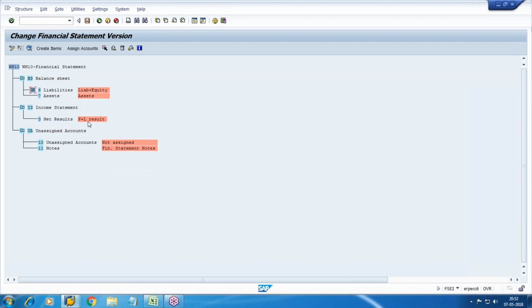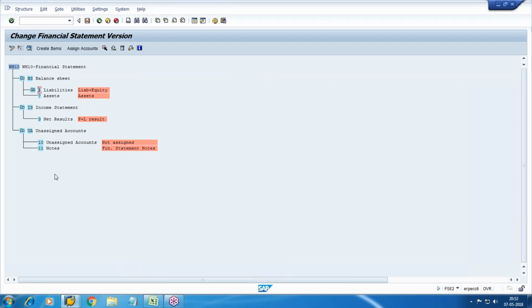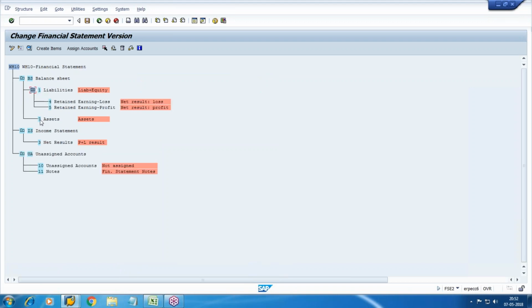Under income statement, net result, and on unassigned account, this is so far I did only this much. Okay, let's change the number. Make it 1. Make it 2.